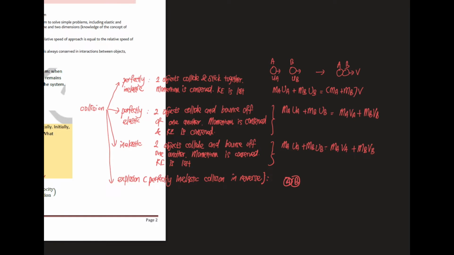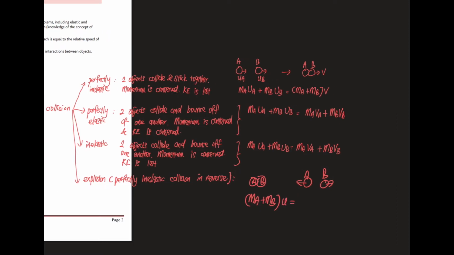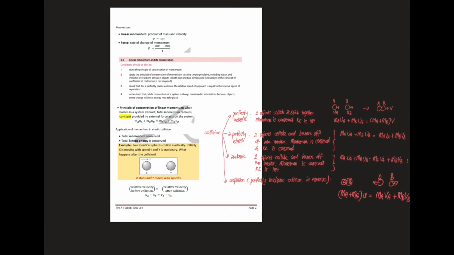So after that explosion happens, they are separated in two different ways. So this is explosions. So since they are together at the beginning, we can use MA plus MB multiplied with U. So after that they are separated, then we count the momentum separately. Okay, so that are the principle of conservation of momentums for the four situations here.